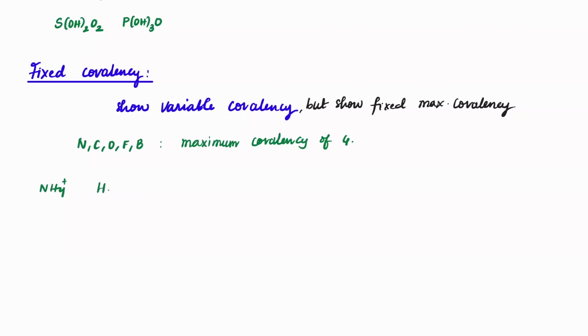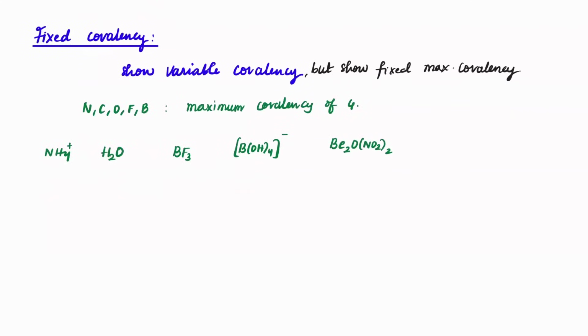NH4 plus, H2O. In the case of H2, only 2. And we can have BF3, or BOH4 minus, like this. Or in fact beryllium oxygen also has like this, two berylliums with oxygen and some nitrate here twice. So two oxygens are donating bonds, I'll show you the structure as well.